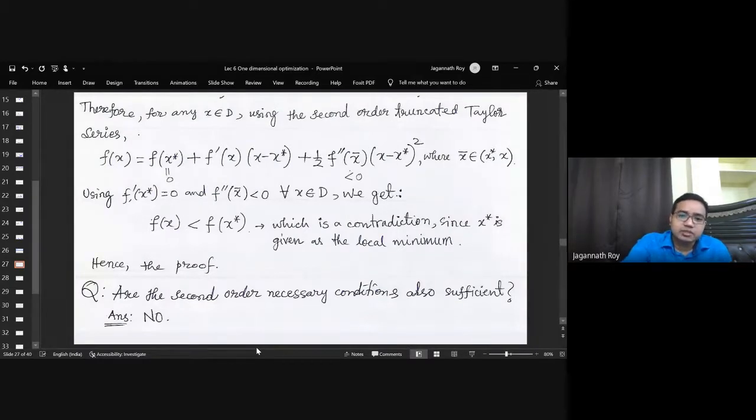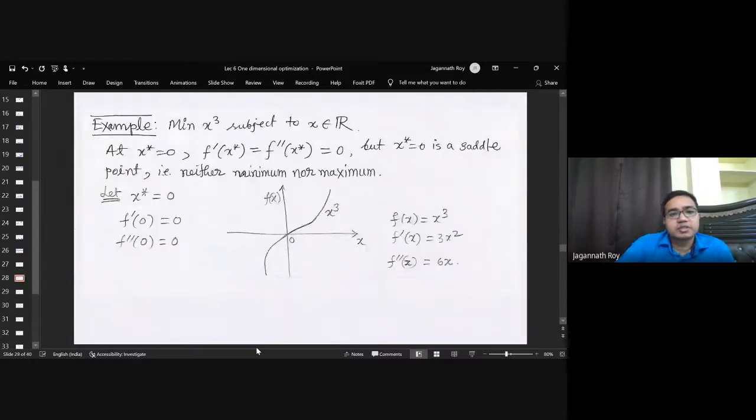Now the question is whether they are sufficient conditions. Can the second order necessary conditions alone guarantee a local optimum? The answer again will be no. For this, we can talk about the same example.